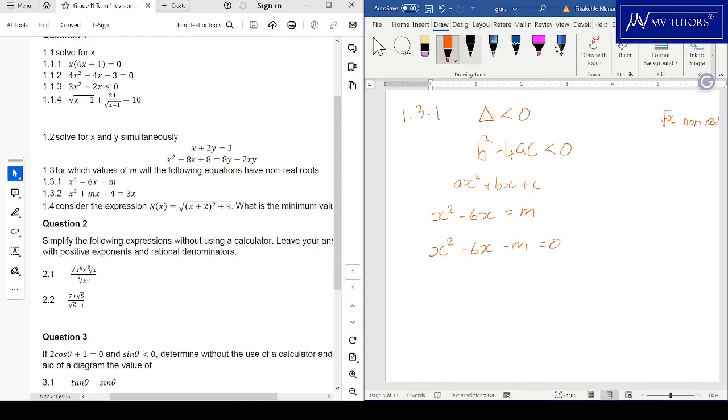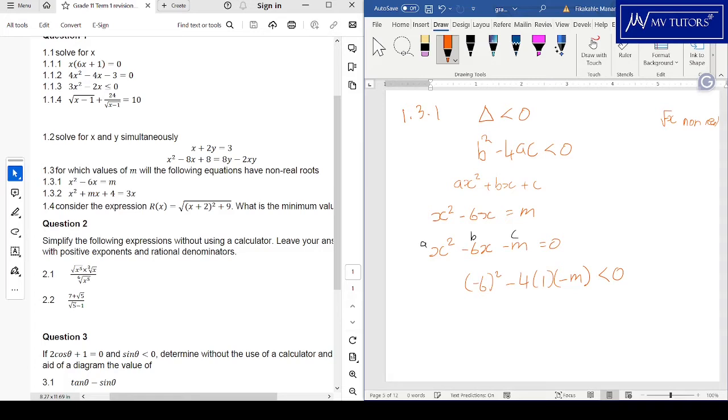Now I need to identify a, b, and c is minus m. Cool. Now let's put this under the discriminant, which is b squared, and b is minus 6 squared minus 4. The value of a is 1, and then c is minus m. All of this has to be less than 0.